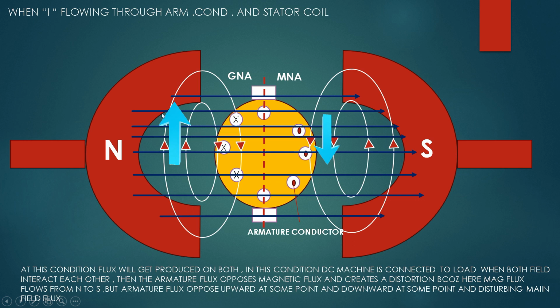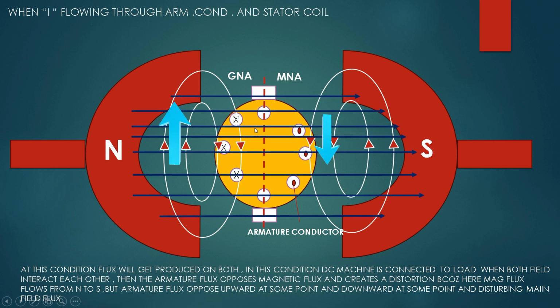As you can see, this armature flux is moving clockwise upward, so here the magnetic flux will get distorted up, and here the arrow mark is downside, so it will distort down. The same here, it will distort down, and here it will distort up, so the magnetic flux straight line goes as a sinusoidal wave like this. Due to this, the DC machine efficiency will get reduced.